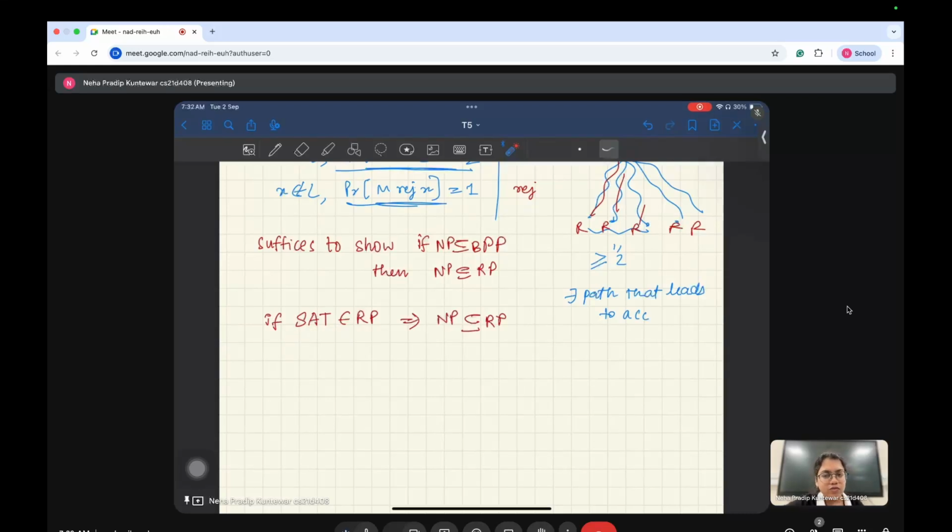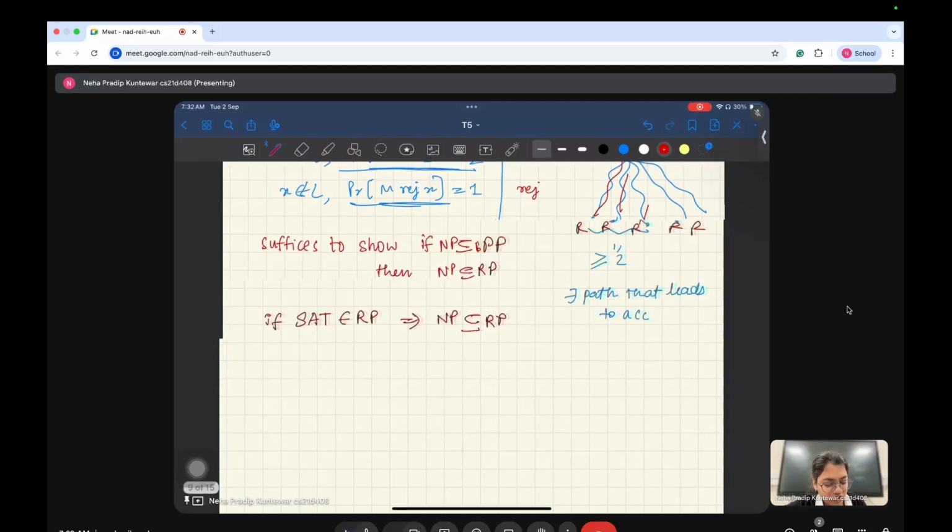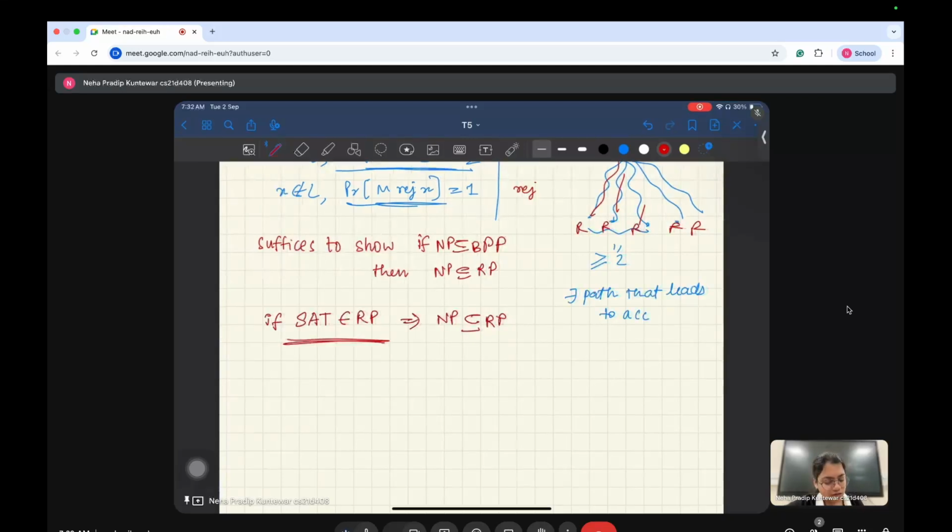So all the other problems can be reduced to SAT. So if SAT has an RP algorithm, that indeed means that every language in NP has an RP algorithm. So it's sufficient for us to show that if NP is contained in BPP, then SAT is in RP. Okay.